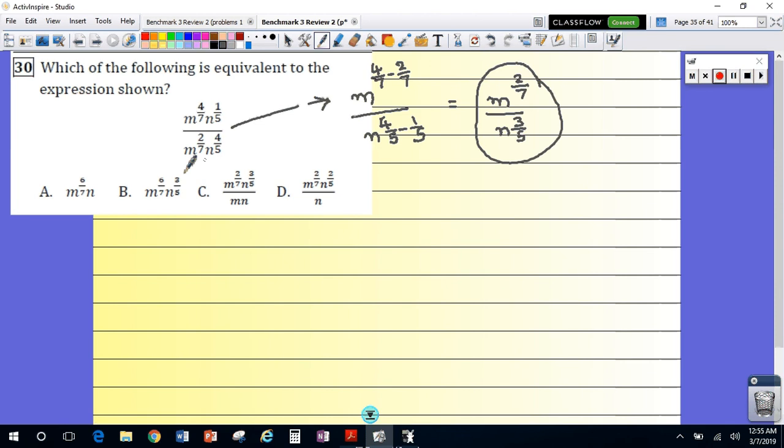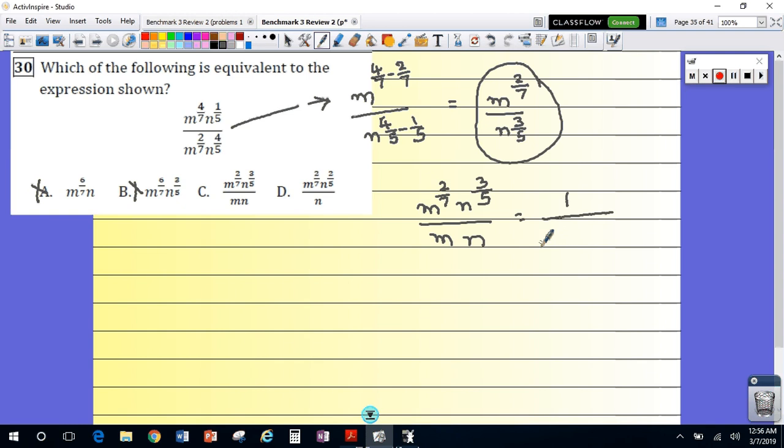Now see where you will get this answer. So the first option is ruled out, the second option is also ruled out. Now we need to simplify this one, right? So option C is what? M to the exponent 2 over 7, n to the exponent 3 over 5, divided by m and n. Which number is more, 2 over 7 or 1? 1 is more, right? So m stays in the denominator, n also stays in the denominator.